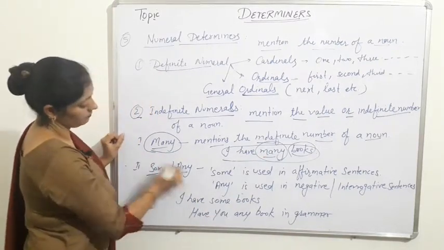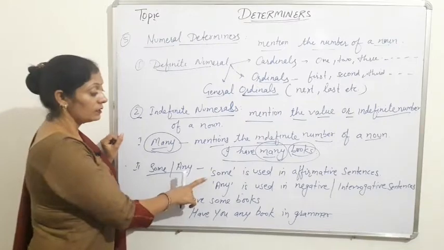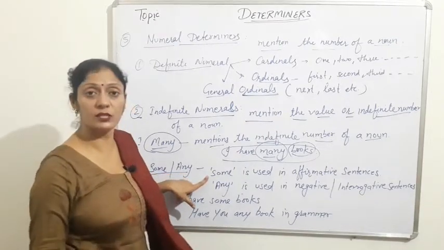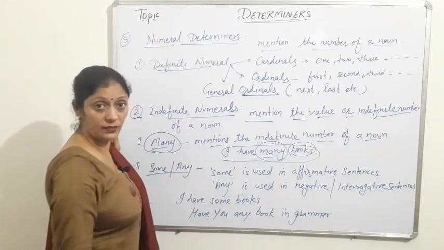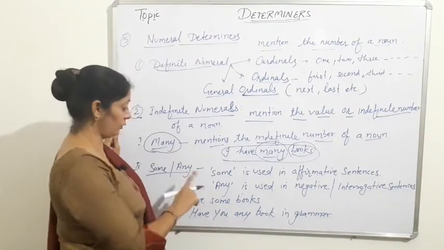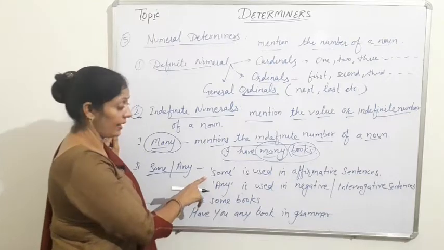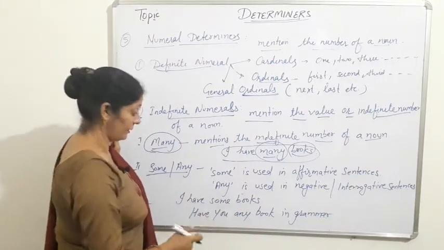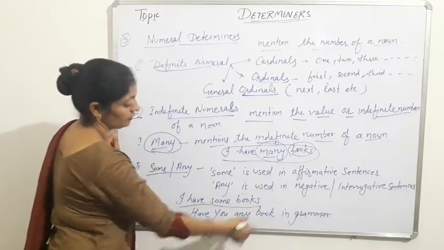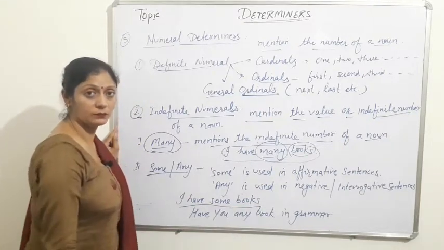Next one is some or any. Students, remember this. Some is used in affirmative and any is used in negative or interrogative sentences. In affirmative we use some, and in negative or interrogative we use any. For example, I have some books.